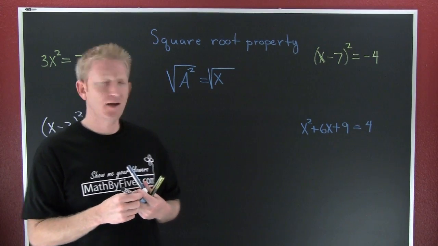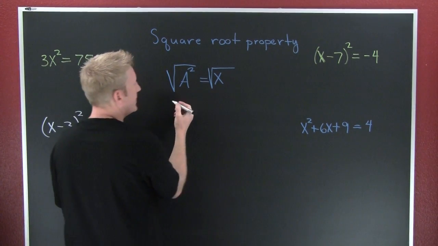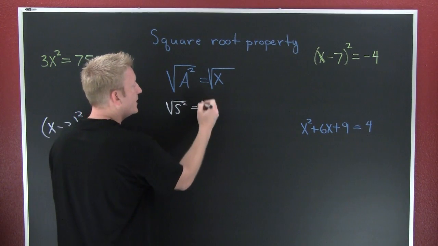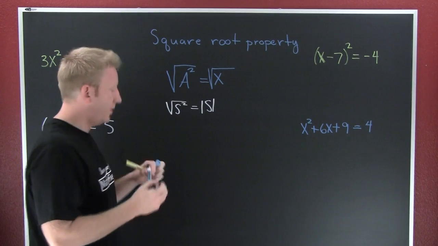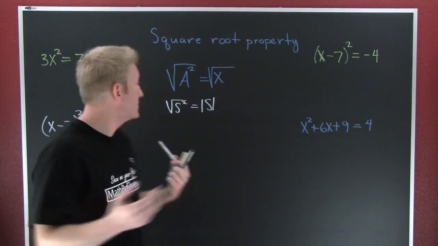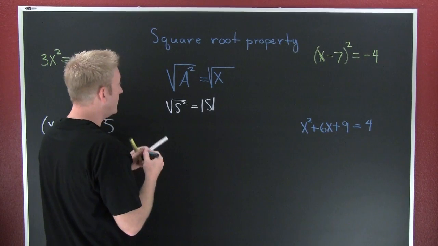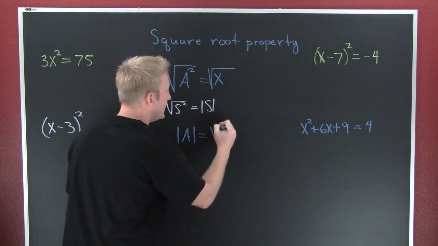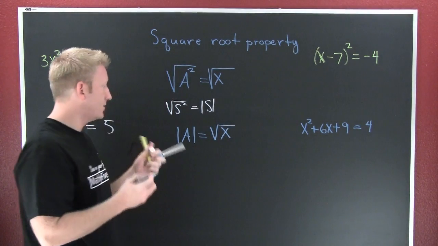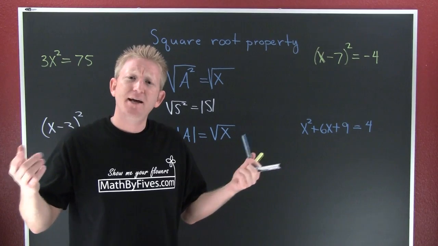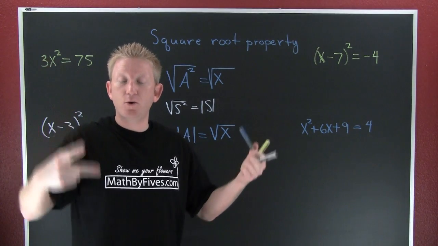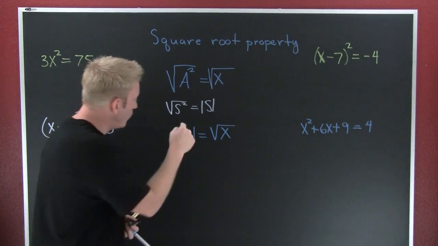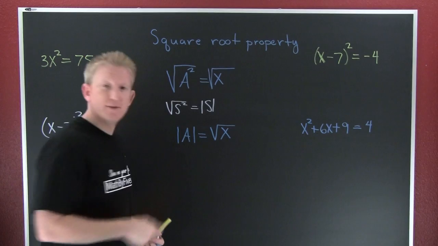Remember that the square root of something squared turned out to be the absolute value of something? So then you can look at this as the absolute value of A equal to the square root of X. But then you remember back in the day when we had absolute value equations, they broke into two cases, one where the stuff was positive and one where the stuff was negative.